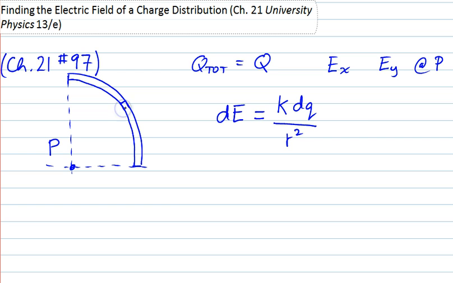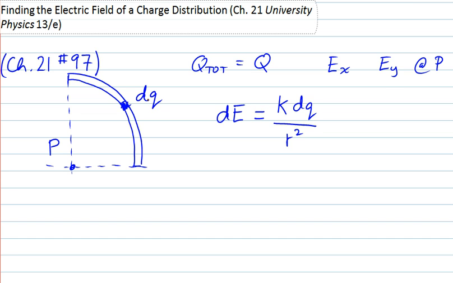If I consider a little piece of the ring, it's going to have a charge of dq, and I can also draw what this electric field is going to be doing at the origin.